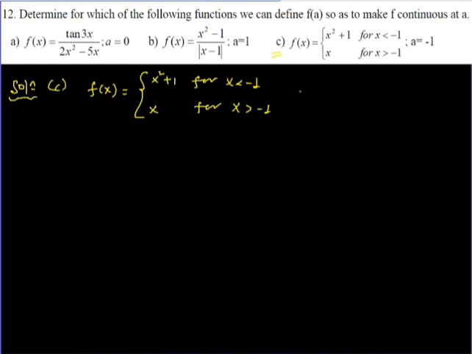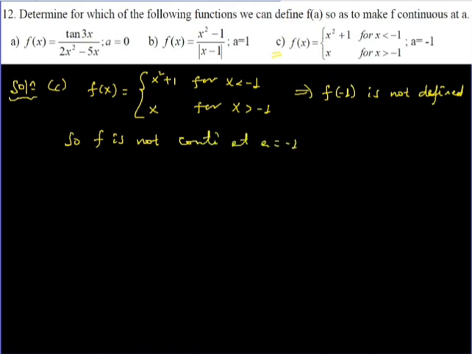So this implies there are no values for f at minus 1. It's not defined. Therefore f is not continuous at minus 1, at a equals minus 1. That means for any other values of a, the function becomes continuous.